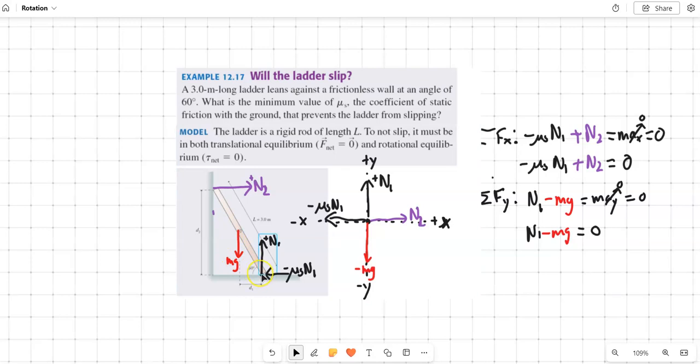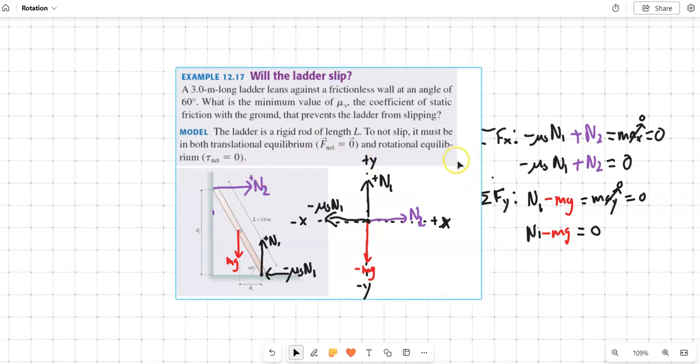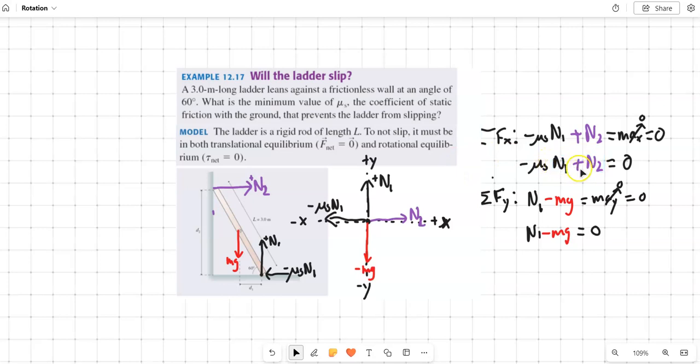If we determine the pivot point to be here, that would remove these two forces, both the friction force and the normal force 1. And that's not good because we need to find out what the friction force is. N2 up here, we know N2 has to balance out with the friction force, but N2 is not really giving us any information.